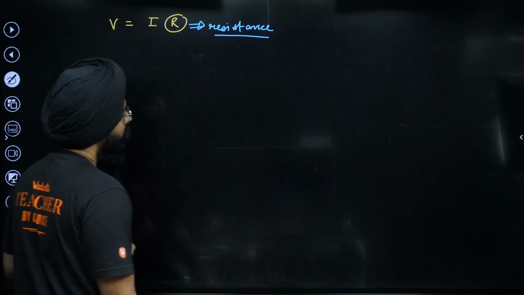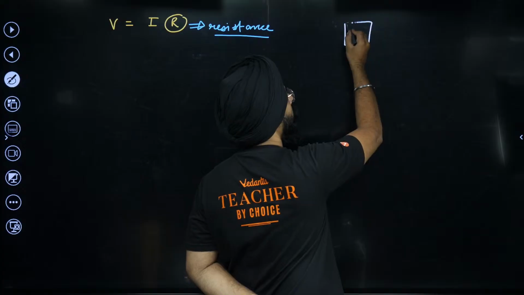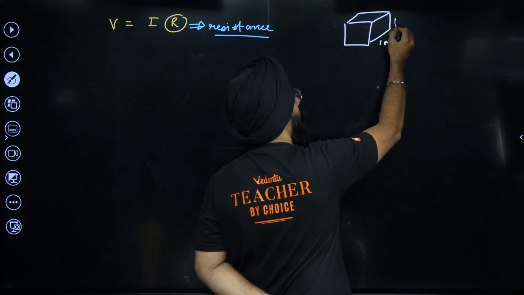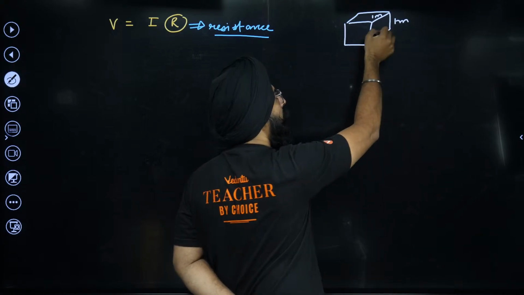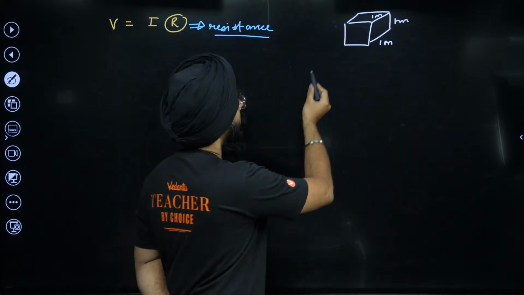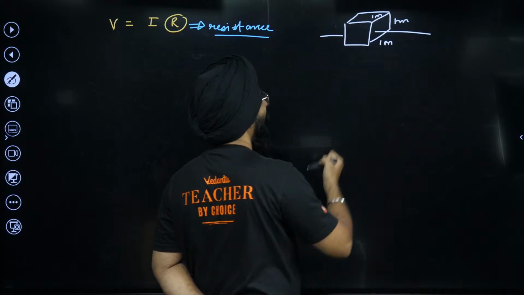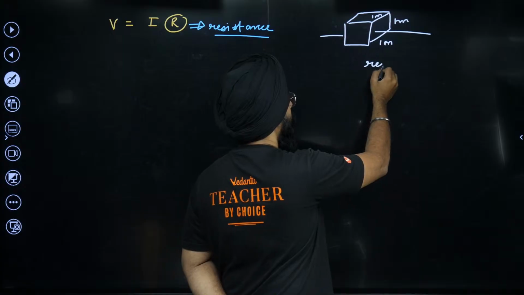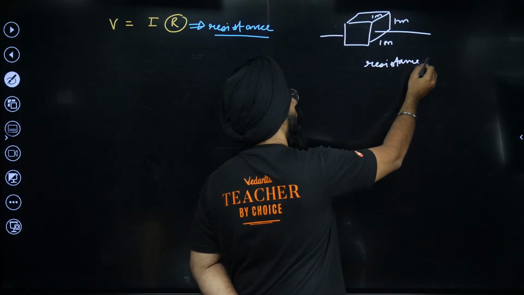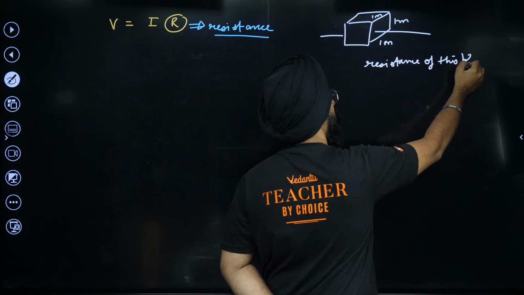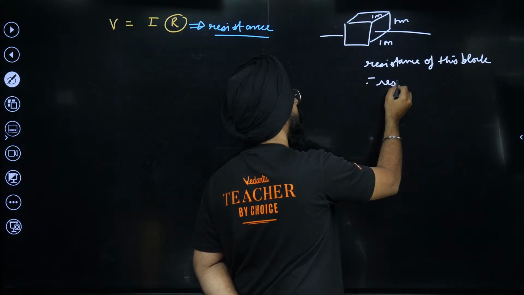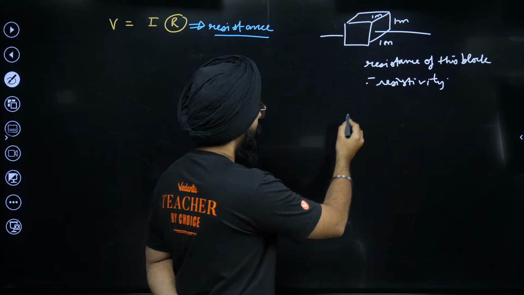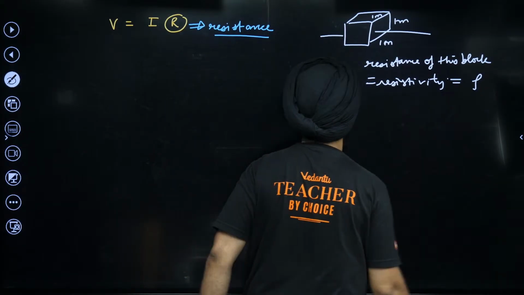Now, my dear friends, if I take a block of 1 meter length, 1 cubic meter block, I will say that the resistance of this block is equal to resistivity. That's the first thing. And let us call this rho.